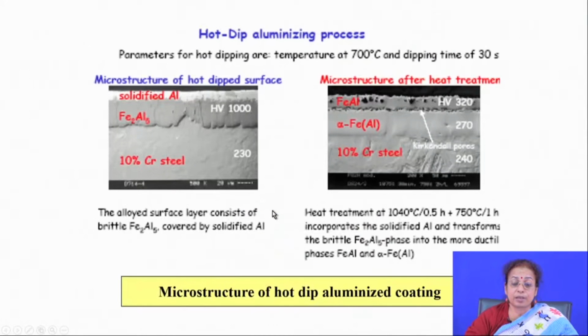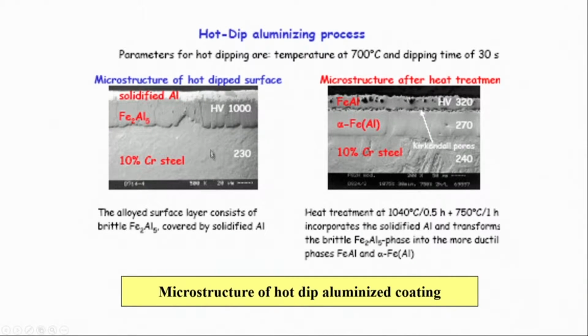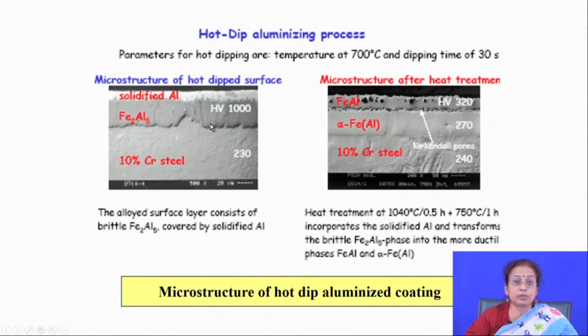Once you have the aluminum coating, you get this kind of microstructure. When you talk about the coating, the microstructure of the interface is very important, because from the interface you get information about the overall behavior of the coating whenever it is subjected to any kind of environment, maybe the corrosive environment or the mechanical environment.